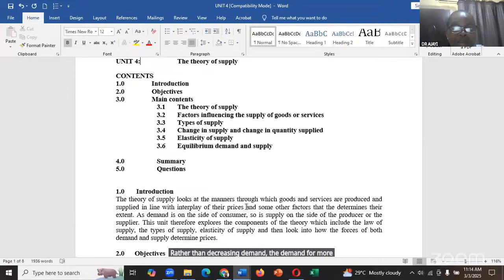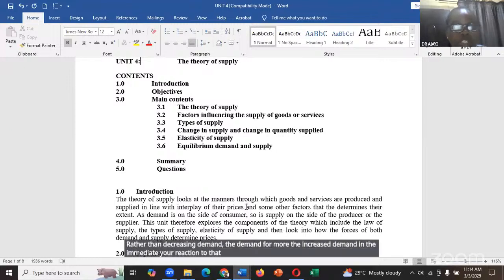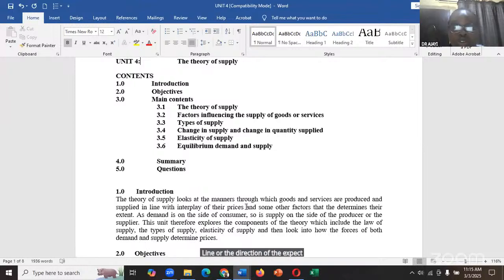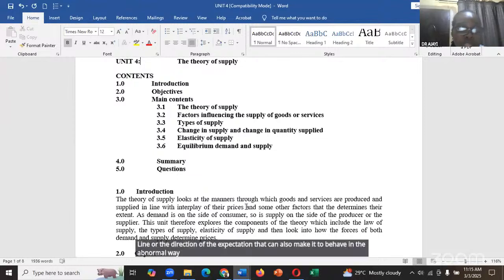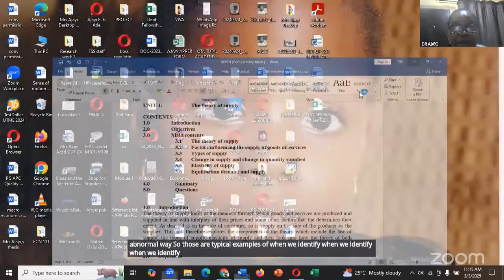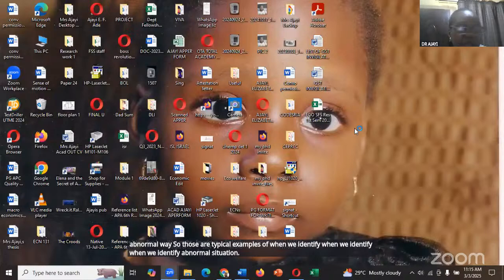They increase demand in immediate reaction to that price increase, because they expect that the present price increase may still increase more. So it depends on the direction of the expectation, which can also make it behave in the abnormal way. So those are typical examples of when we identify an abnormal situation. I believe that answered your question.